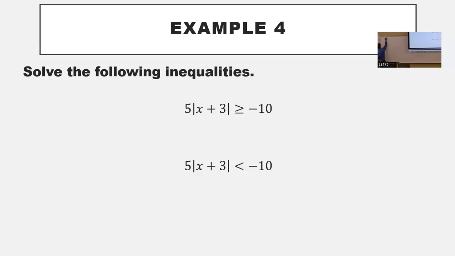So 5 times the absolute value of x plus 3 greater than or equal to -10 in the first one, and then 5 times the absolute value of x plus 3 less than -10 in the second.